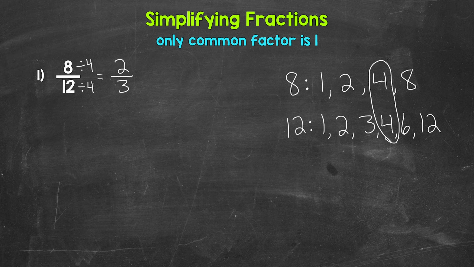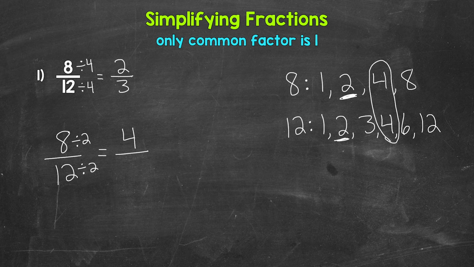So for example, let's say we divided 8 and 12 by the common factor of 2. So let's write this out, 8/12. And let's say again that we divided by that common factor of 2. So 8 divided by 2 and 12 divided by 2. 8 divided by 2 gives us 4, and 12 divided by 2 gives us 6.